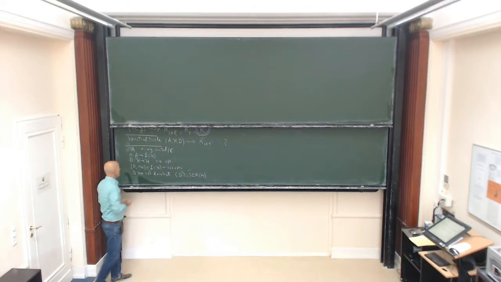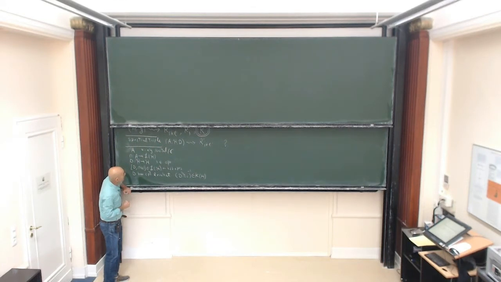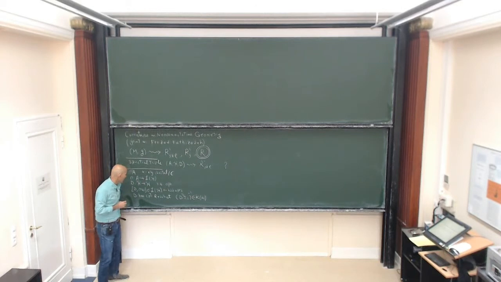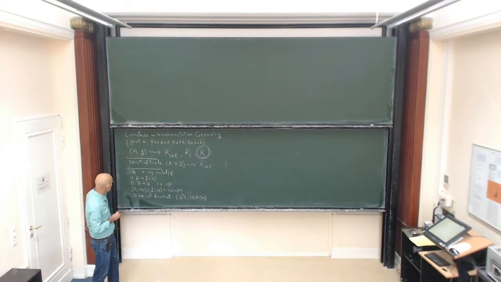This tells you that the spectrum of D is discrete. It's like the spectrum of elliptic operators on compact manifolds. I'll mention that a little more later. I think that's basically what we have.